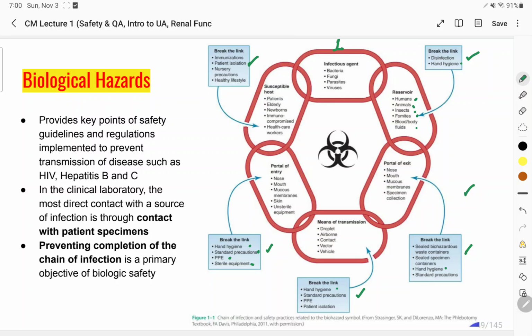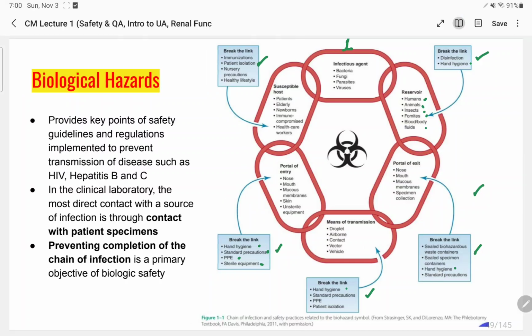So these are the different precautions, the different ways we can break the link or the completion of the chain of infection. Okay? So that these diseases, these infectious agents will not be transmitted from one person to another.